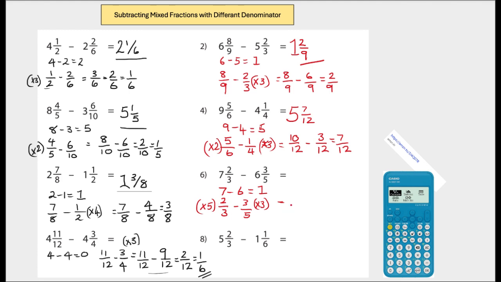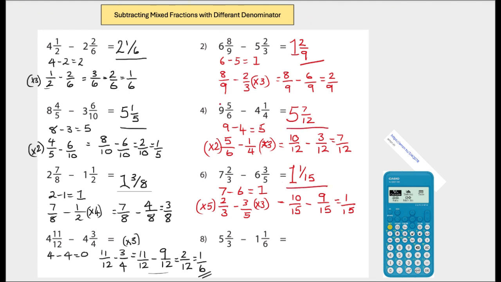So 5 times 3 is 15. 2 times 5 is 10. Subtract 3 times 5 is 15. 3 times 3 is 9. And the answer is 1 over 15. Pop it all together. We have 1 and 1 over 15.